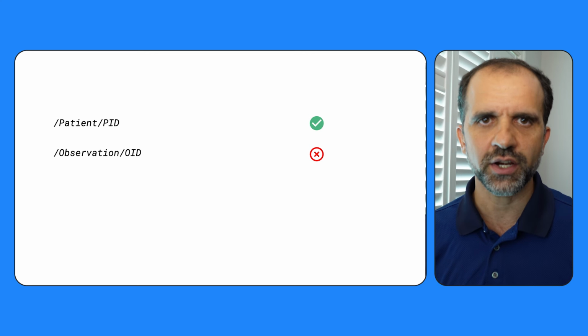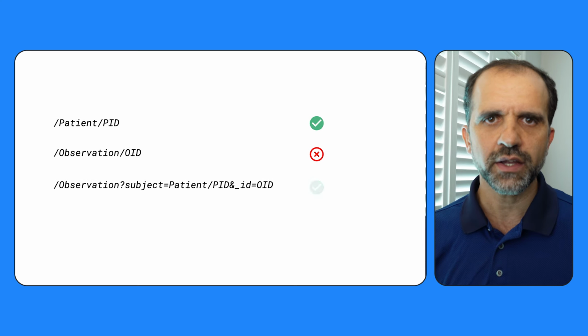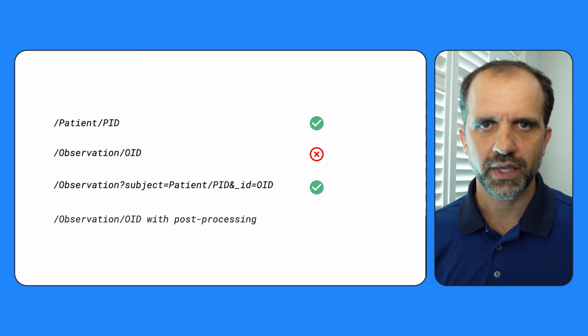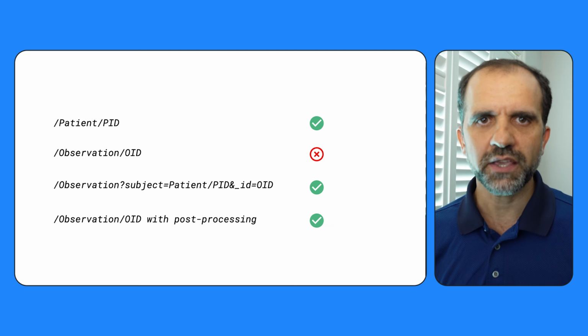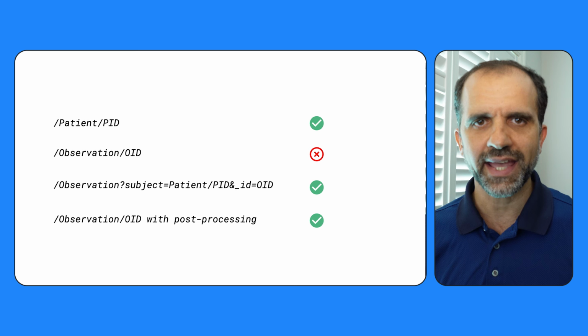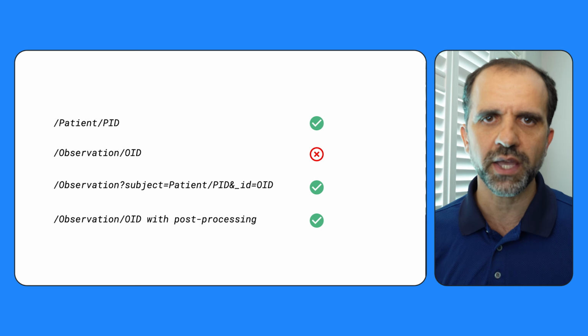An AccessChecker may choose to simply reject this request. It will require the subject patient to be provided at query time. Another AccessChecker may fetch the observation resource from the FHIR server and then in the post-processing step decide whether to send it back to the client or not, depending on the subject field.